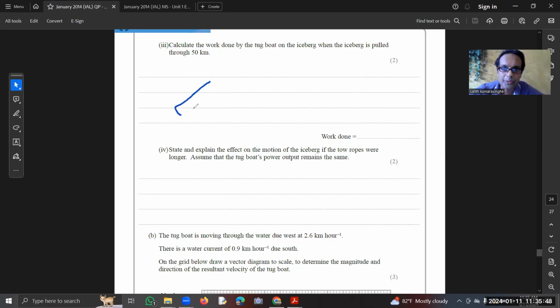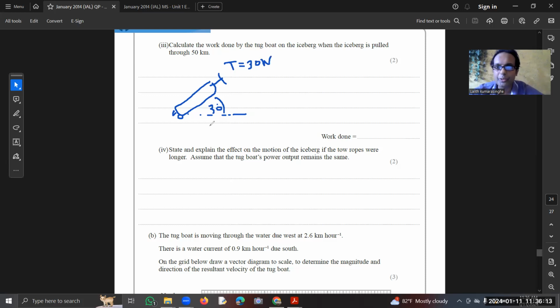Now, you might have done the suitcase sum. You are applying a force. The handle becomes longer. This angle is 30 degrees. This tension force is 40 Newton.